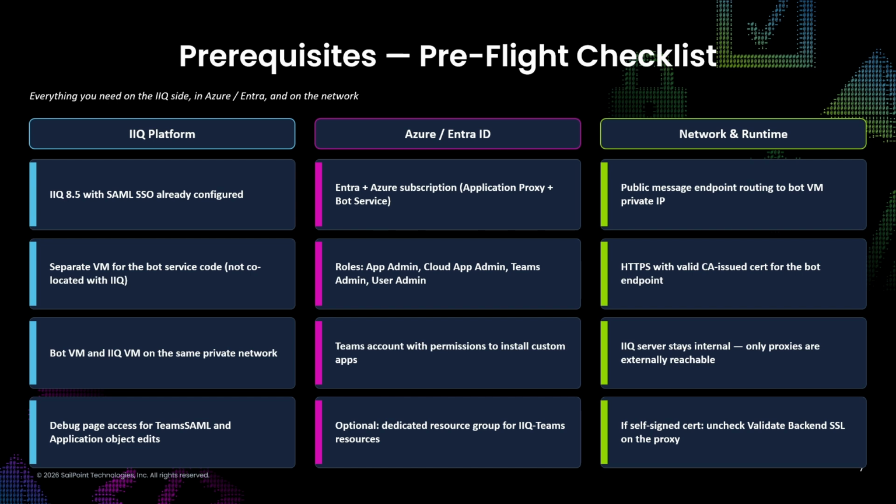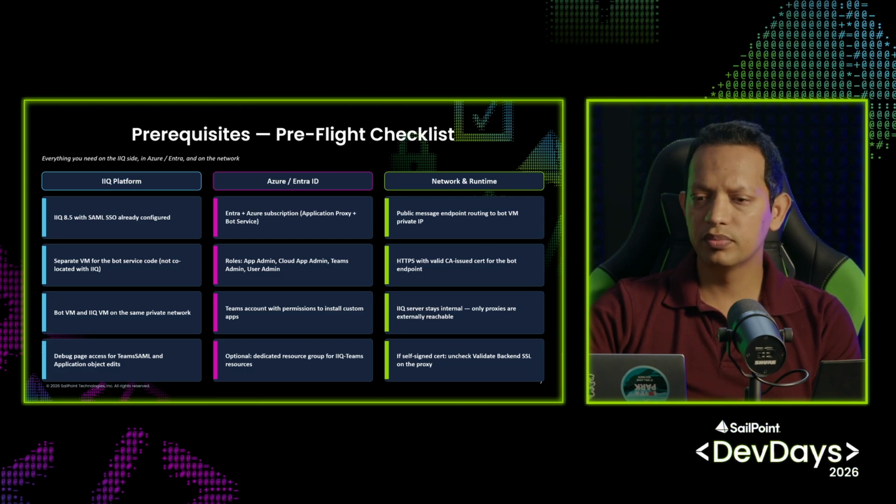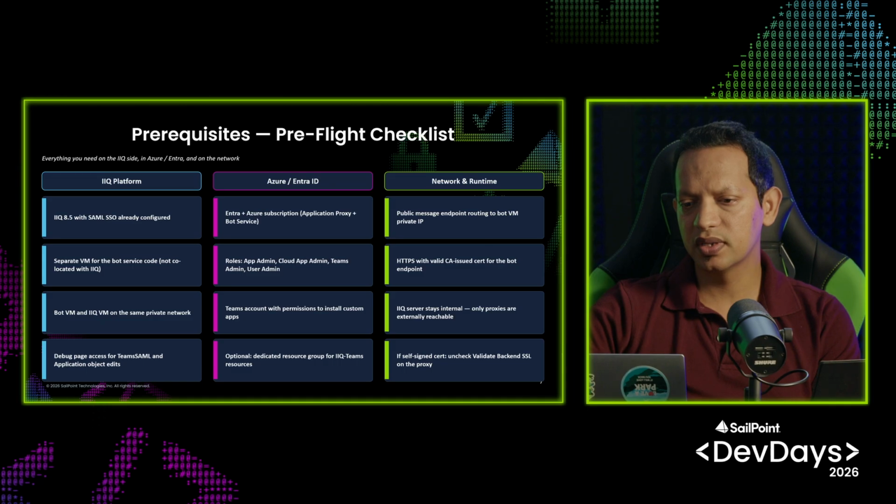Now, within network and runtime, if you are using a self-signed certificate, then you have to make sure that you're not validating those certificates, else you will get an error. IIQ stays internal. Only the proxy faces the public internet.